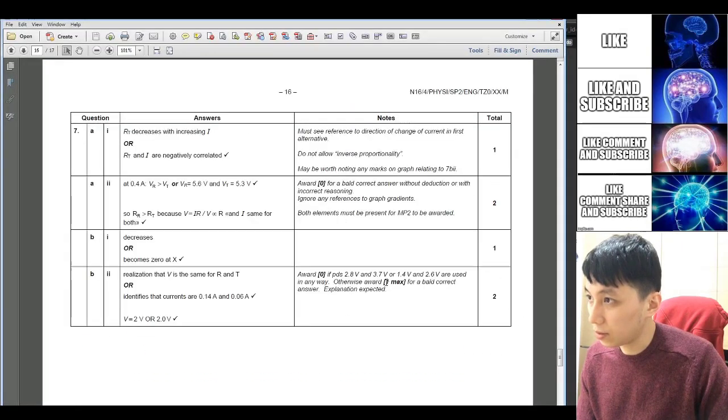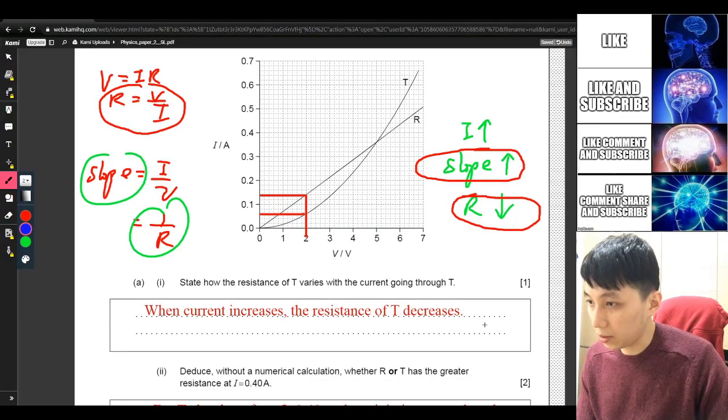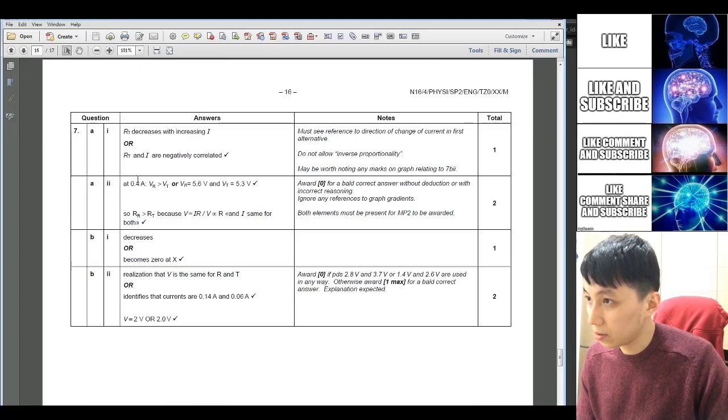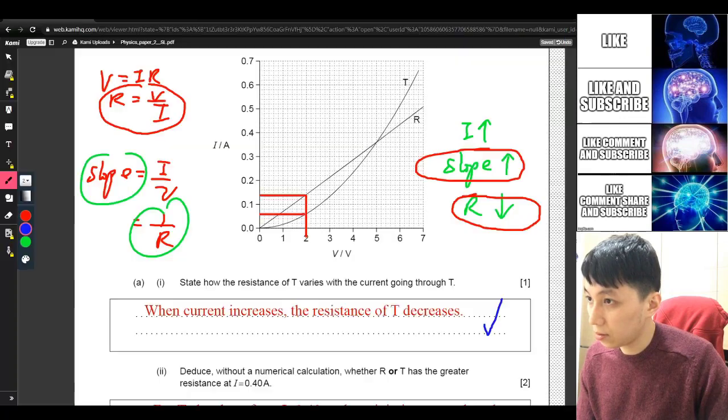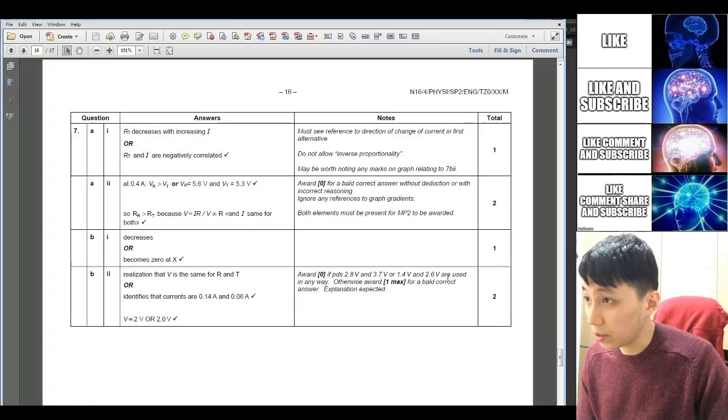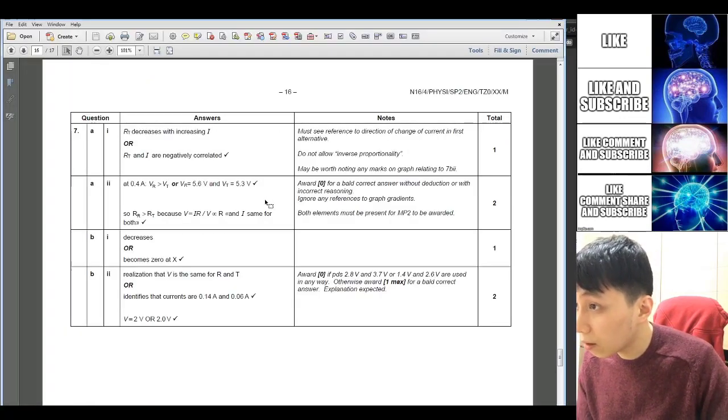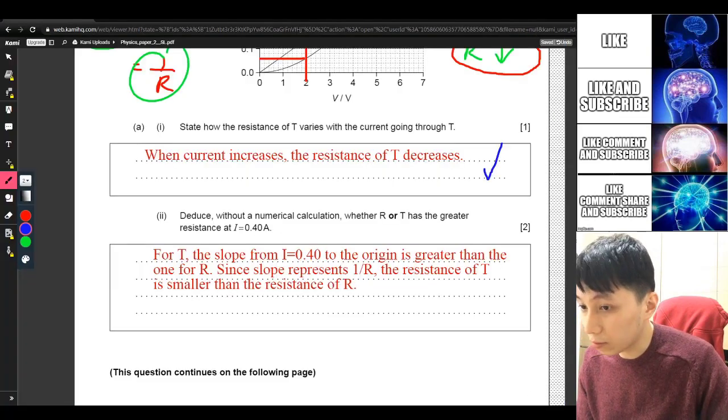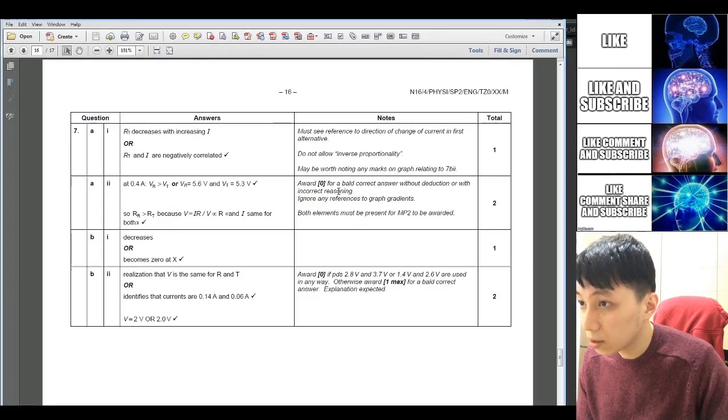And then number 7, decrease when increasing. That's right. And then here, wait, you have to give number. I thought without. What? Oh, V. Okay, V. For both answer without deduction or with incorrect reasoning.